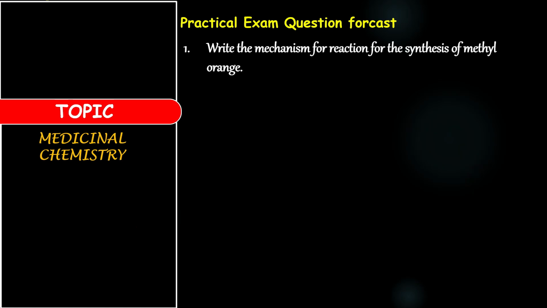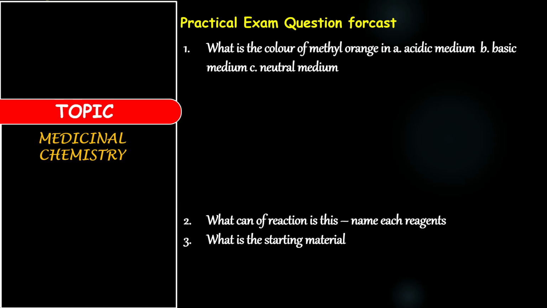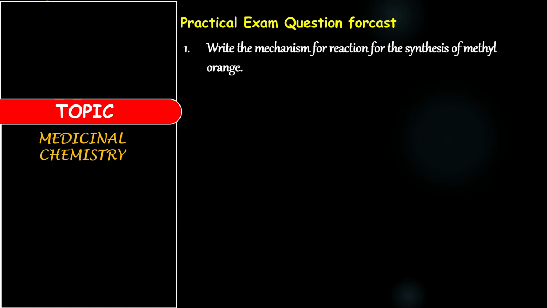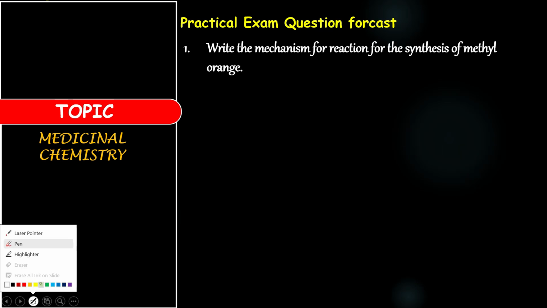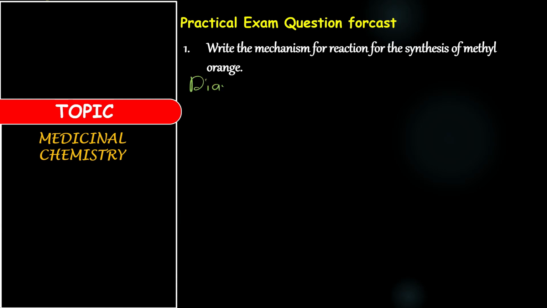Write the mechanism for the synthesis of methyl orange. Now, like I said, the synthesis of methyl orange is a diazotization reaction. Now, how is the diazotization reaction like? You start with sulfanilic acid. Sulfanilic acid is something like this.